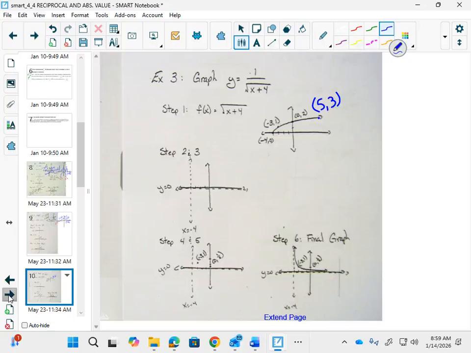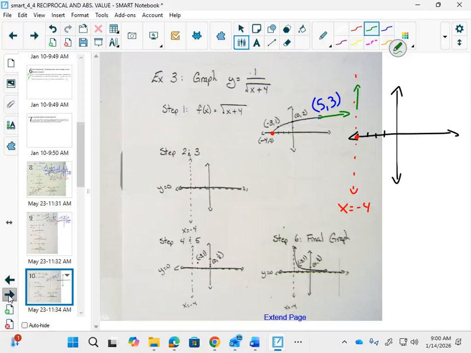What does our reciprocal graph look like? Do we have any x-intercepts? Yes. We have an x-intercept at -4, so that will become an asymptote. Think about the arrowhead on the square root graph. Right here. Does it keep going up or does it eventually level out?